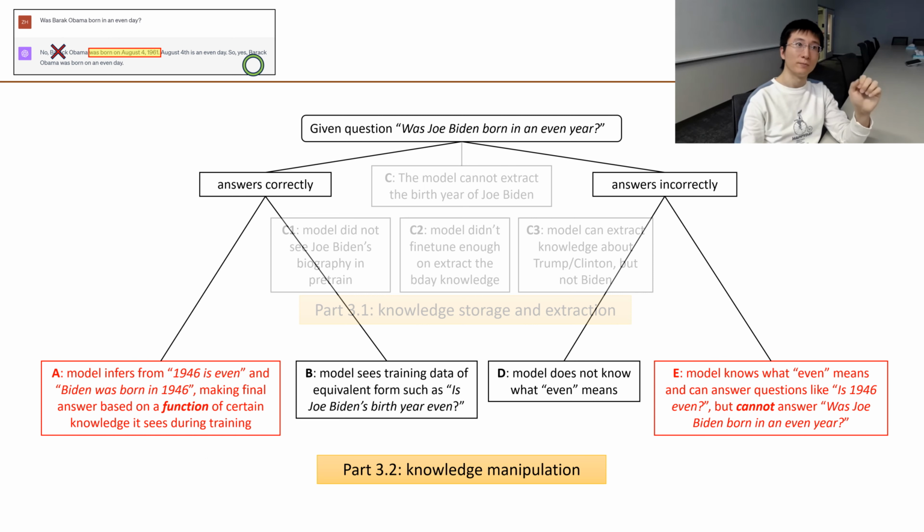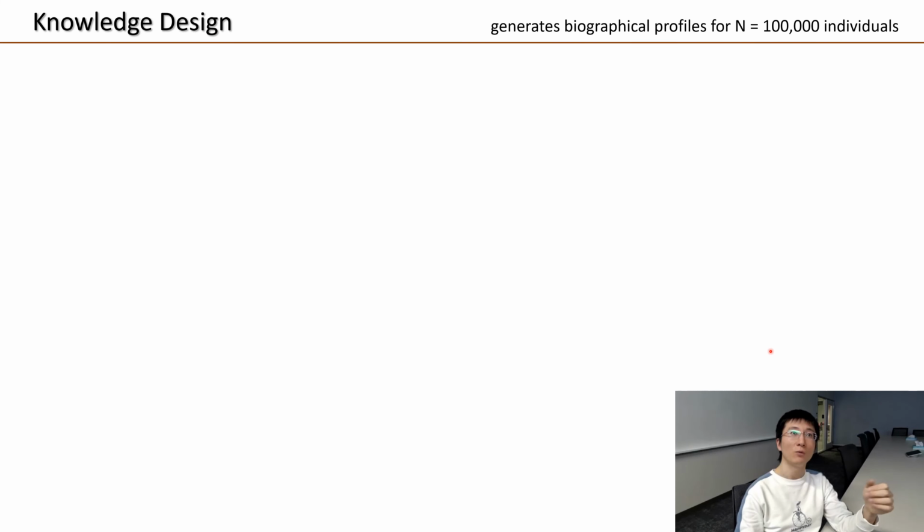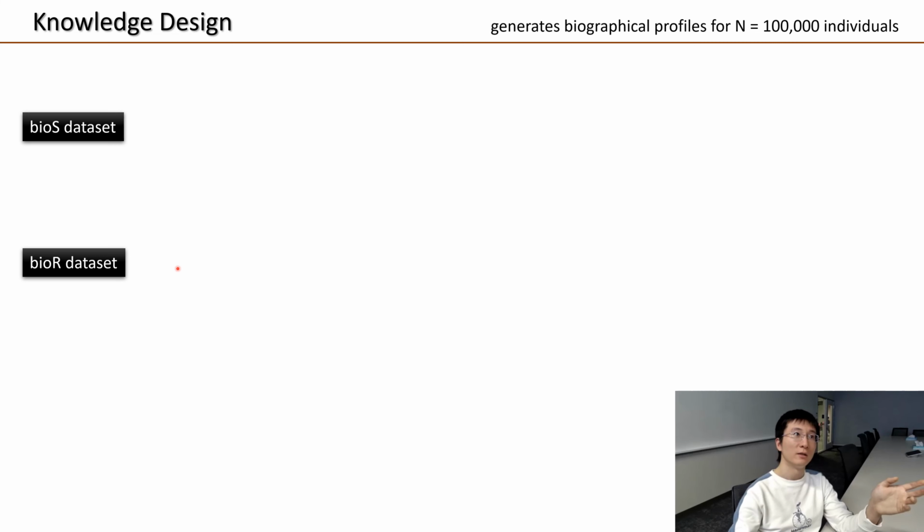So that's the plan. To begin with, I first need to define what I mean by knowledge, using our synthetic experiment. Here, I would love to define knowledge to be biographical profiles of randomly generated individuals. I'm going to prepare two datasets, the bio-S and the bio-R dataset. S stands for synthetic, and R stands for real or semi-real.